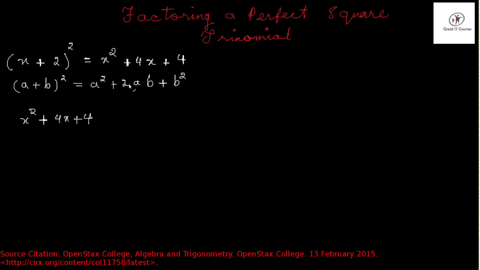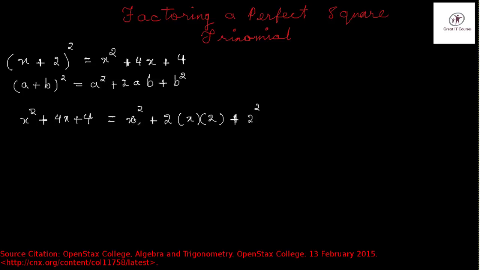So let's try to write this in this form. Let's suppose that this is a squared, so I write it as x squared, and I know that my a is x now. And 2ab, so 2 into a is x, and I know that the last term is b squared. So if this is b squared, then it must be 2 squared, which is 4, and so my b must be 2.